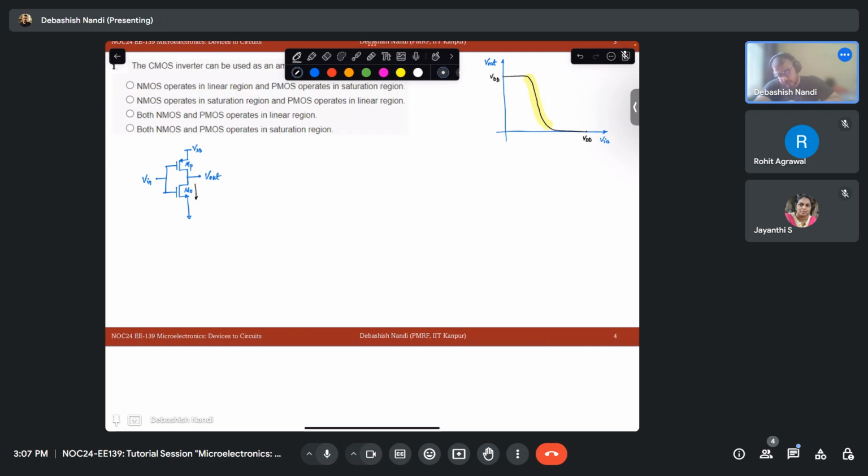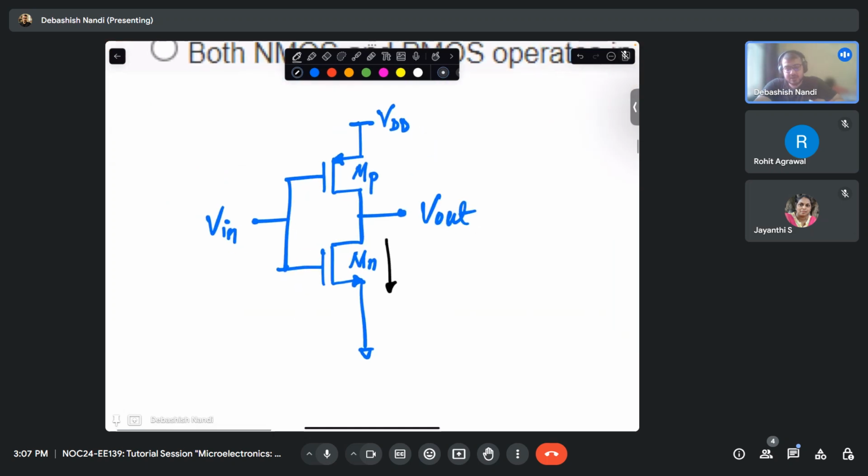From this diagram, can anyone tell me what the terminals are? Obviously these are gate terminals, right? This is the source of an NMOS. This is the drain of an NMOS. This is the drain of PMOS, and this is the source of PMOS. Is this part okay with you?